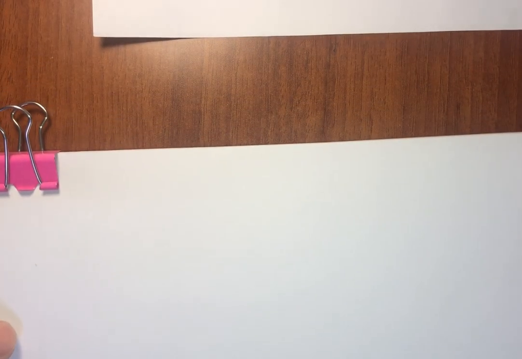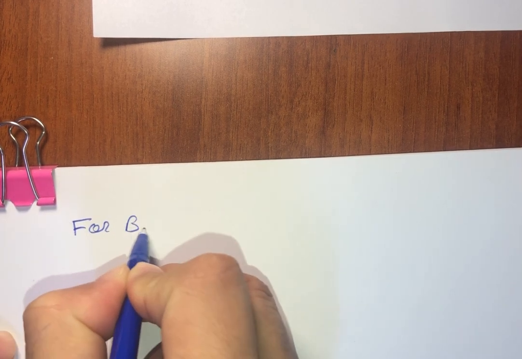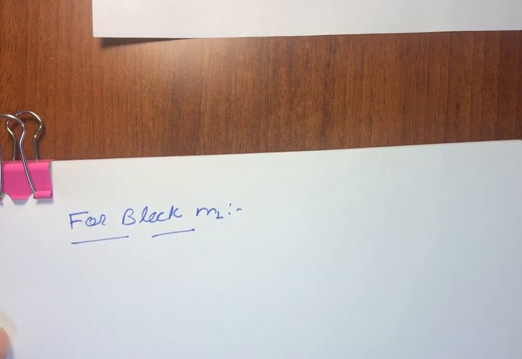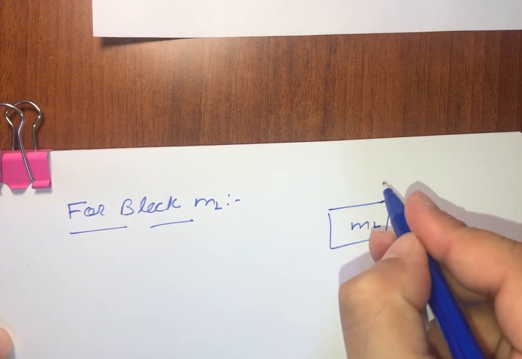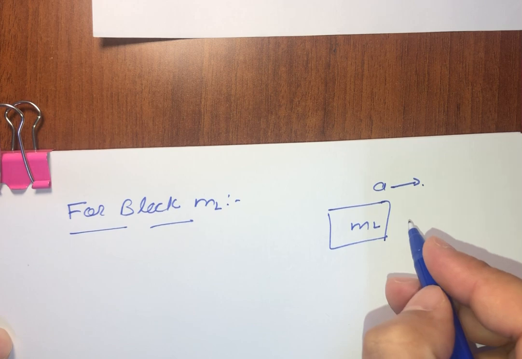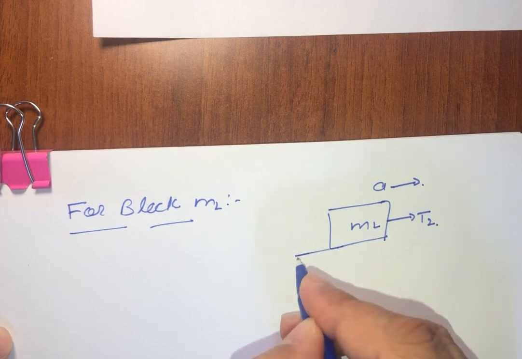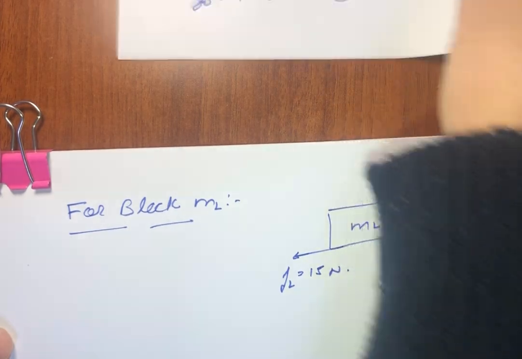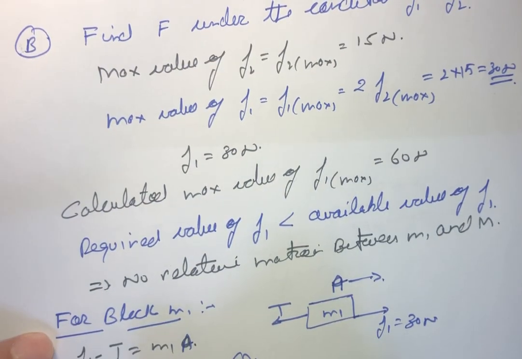Now for block M2, so we have this our M2, acceleration is A, and tension T, and this is going to have F2 whose value is 15 Newton. Let us put this A as capital A in order to differentiate from the previous one.